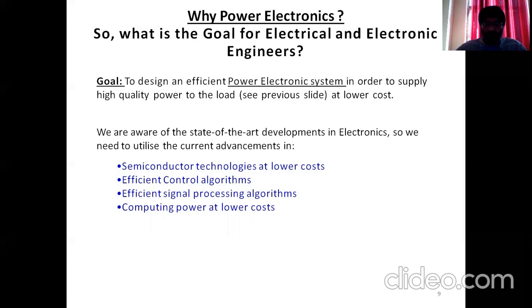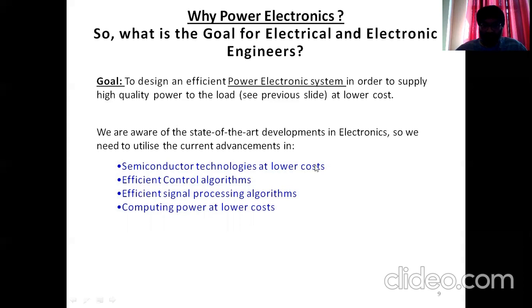Such as semiconductor technologies at low cost. Semiconductor technologies have advanced over the last couple of decades, and they are easily available at lower cost. So we will use these advancements in semiconductor technologies at low cost to achieve our goal.